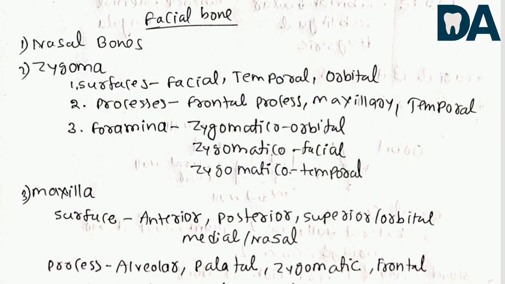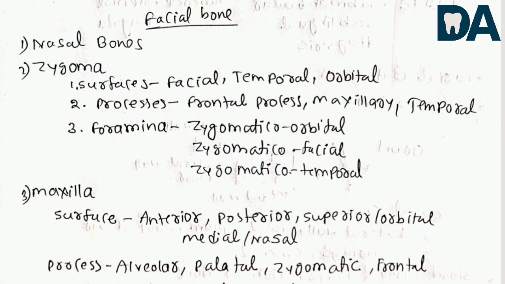Now go to the facial bones. The facial bones form the basic structural framework of the face. In addition to the normal function of any bone, they also perform the following.